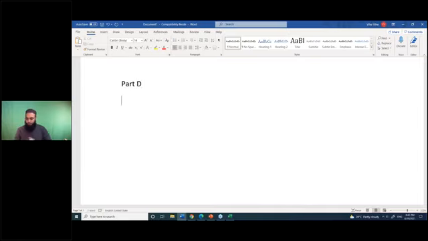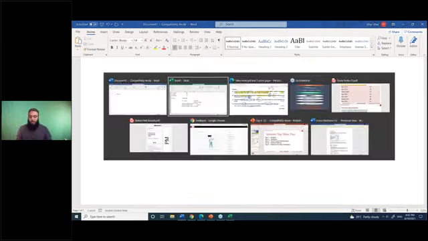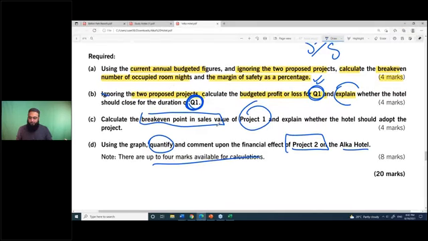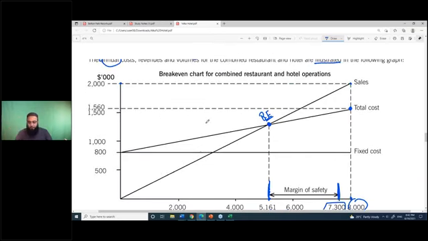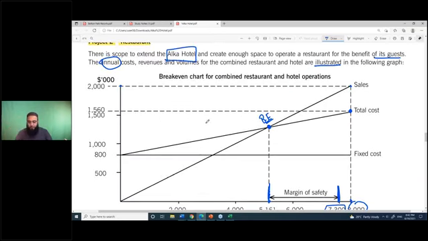So part D here, you have 4 marks also available for the calculations. Now, if you look at the graph, quantify means by looking at the graph, just quantify the things. Remember, this is combined for the hotel that you're operating right now and the restaurant that you will open.